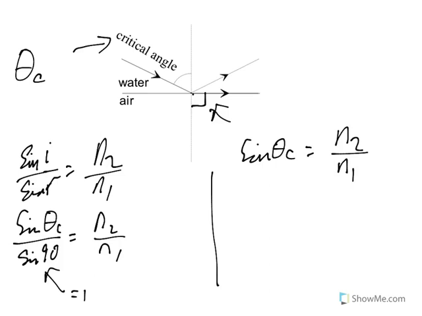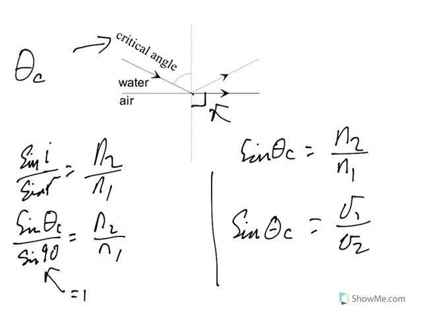Now, in terms of speeds, because we know the refractive index ratio is also related to the speeds, that would be v1 on v2.